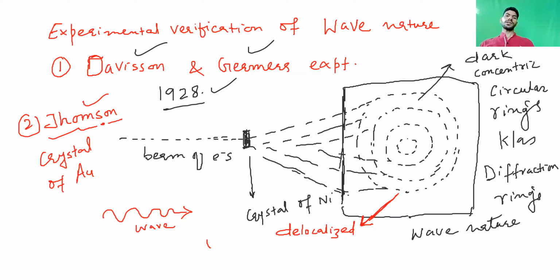So you have to remember that when this electron is bombarded on the crystal of nickel, we get the diffraction rings. Diffraction takes place here, and these diffraction rings are delocalized, not localized. So it indicates that they have wave nature.